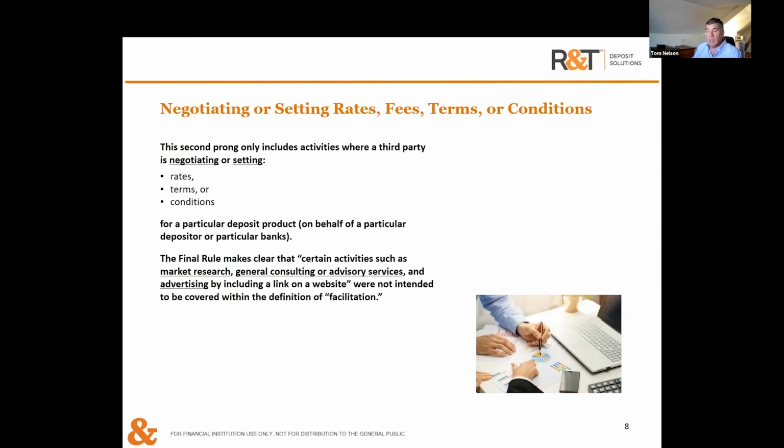In most cases, somebody like us is administering the program, allocating specific accounts on a daily basis, and doing an awful lot of work from a contracting and rate negotiation perspective. To the extent that we continue to do those types of things for a specific bank in connection with a specific broker-dealer, we would have the same issues here, where we would be considered a deposit broker.